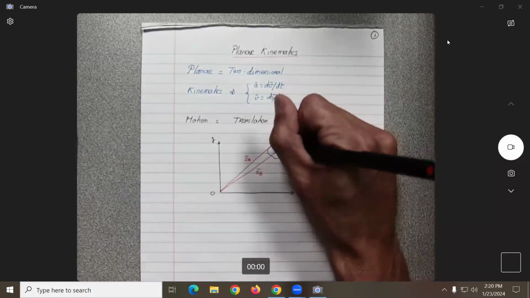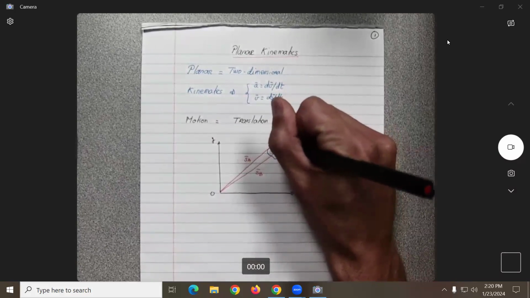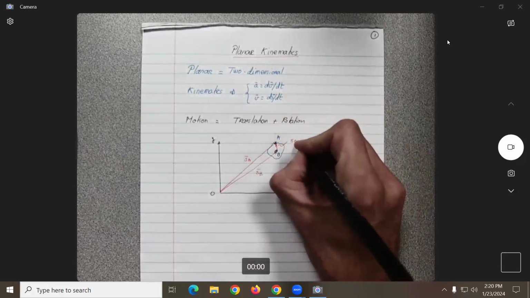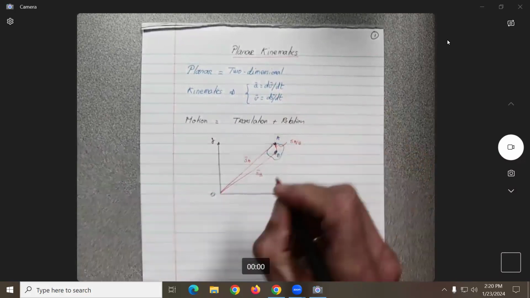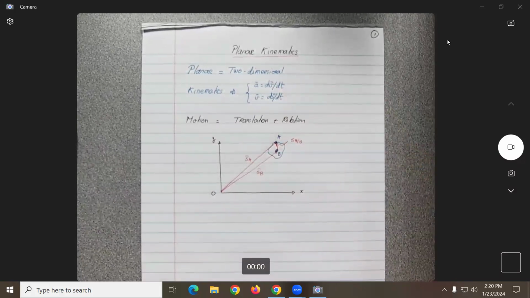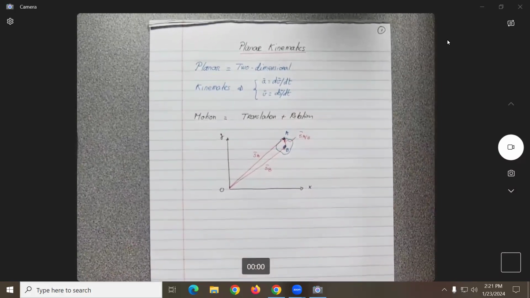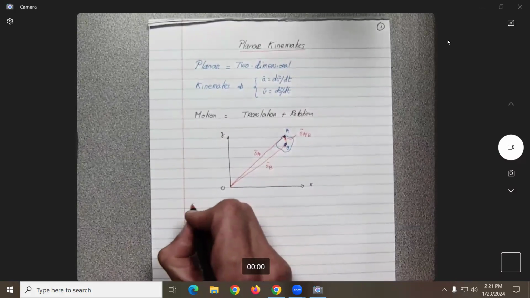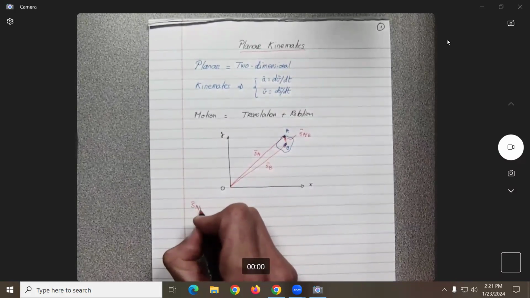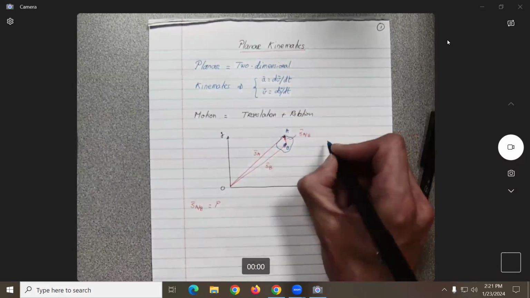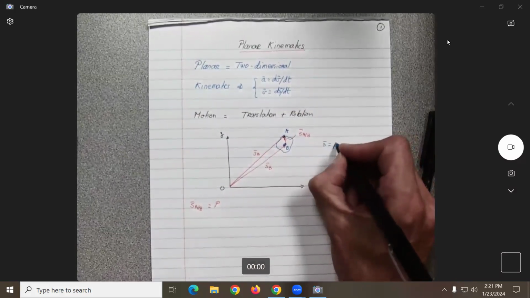But what could we have as well? We could write this vector over here as S of A with respect to B. Let me write this over here. S A bar B means, so S will be our position vector.